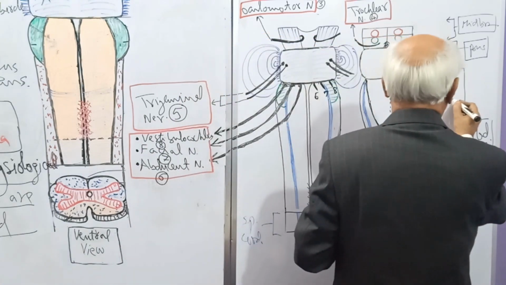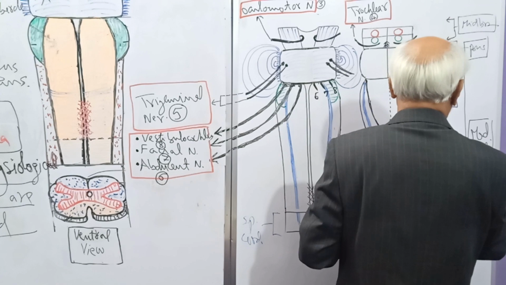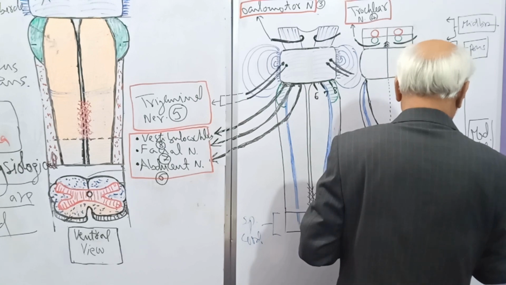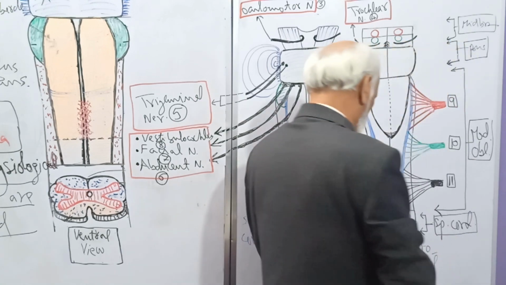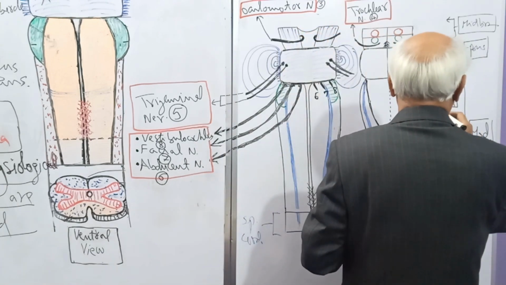Which nerves? 9th, 10th, and 11th cranial nerve. You should know their names. 9th is glossopharyngeal.